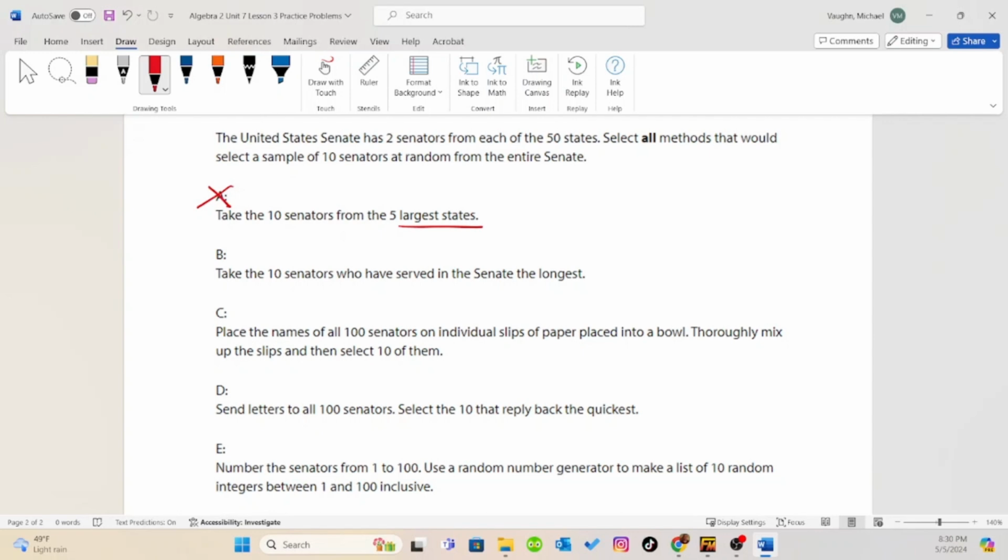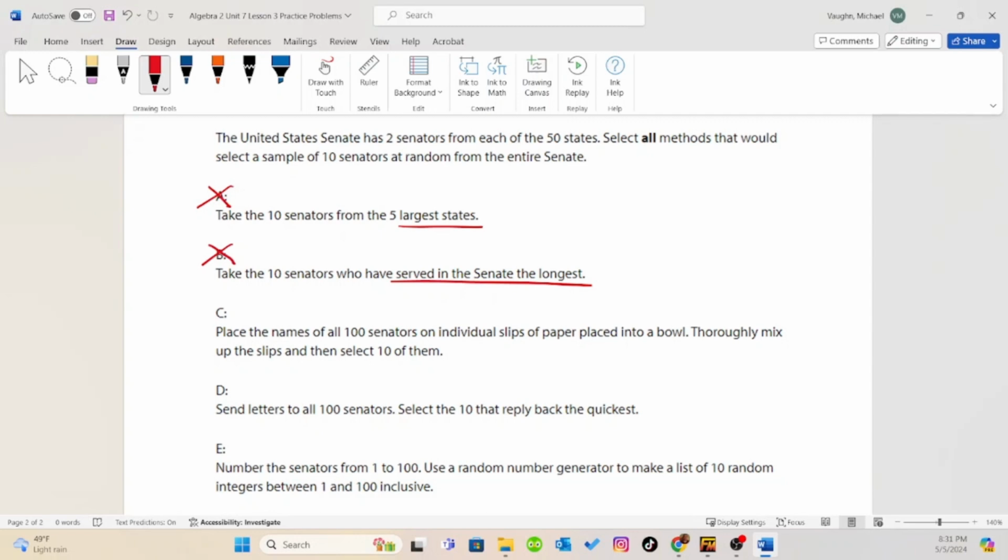Choice B. Take the 10 senators who have served in the Senate the longest. This is not random. This is giving preferential treatment to the senators who have been in the Senate the longest. Not everybody has an equal chance of being selected.